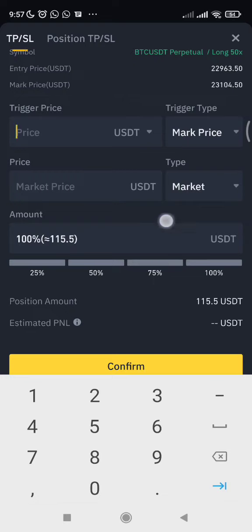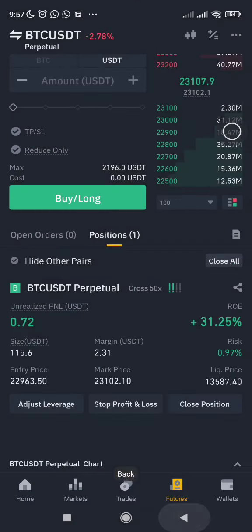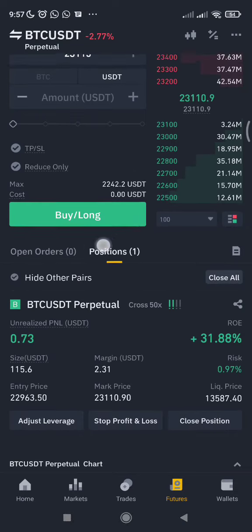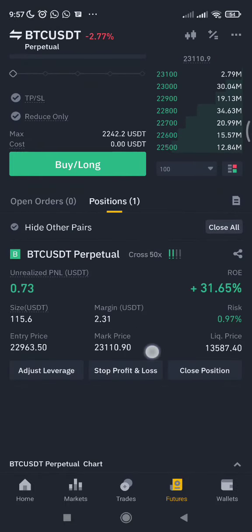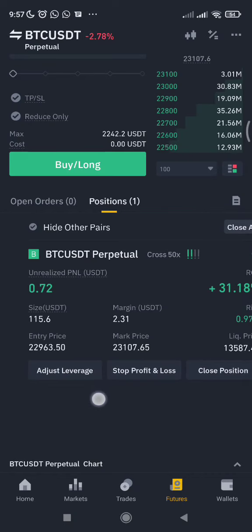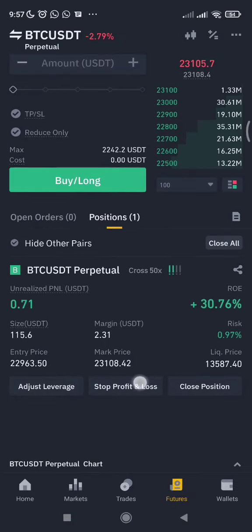So how do you set your stop loss and TP? I'll show you that now. When you are on your positions, you go to where stop profit and loss is written. All right, you can see it right here.